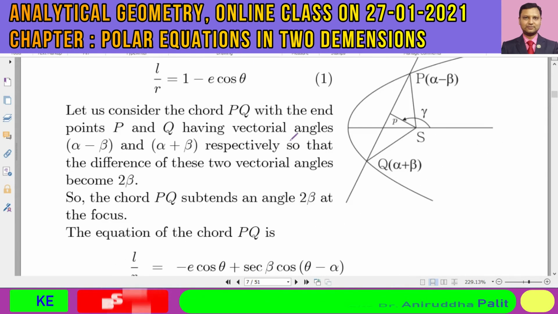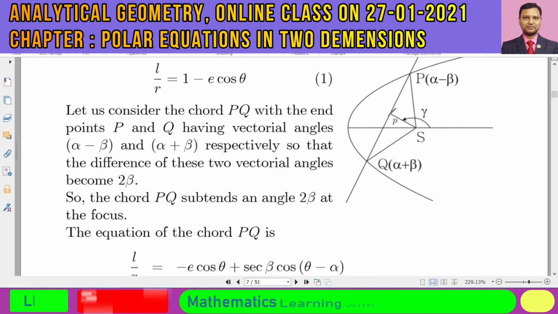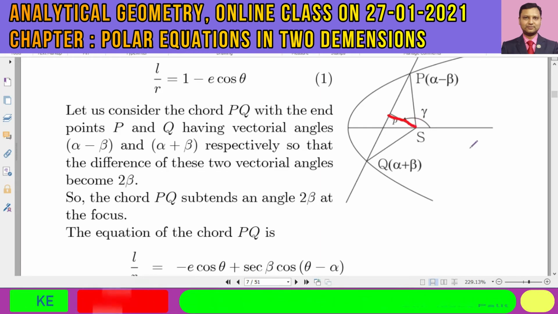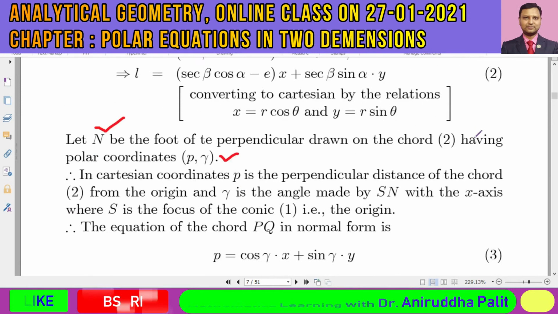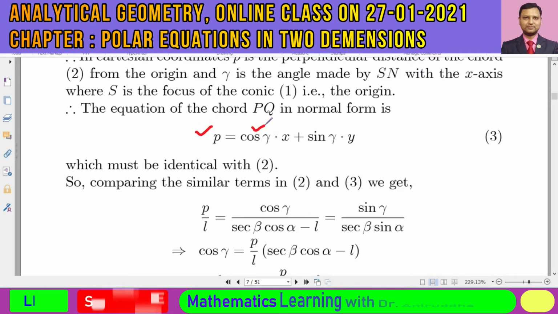And you see, we have the normal form of a straight line. If you consider this straight line PQ, with P as the perpendicular distance and gamma as this angle, then we know that the normal form of this kind of straight line is p equal to cos of gamma into x plus sine of gamma into y.